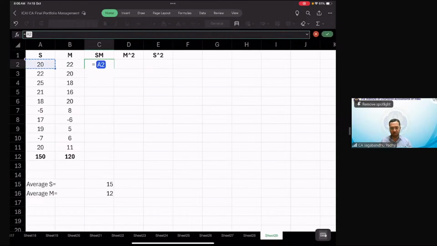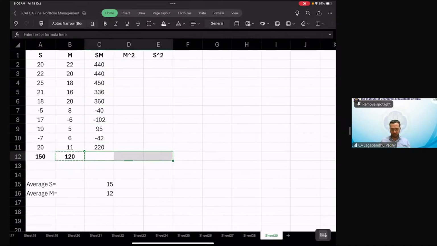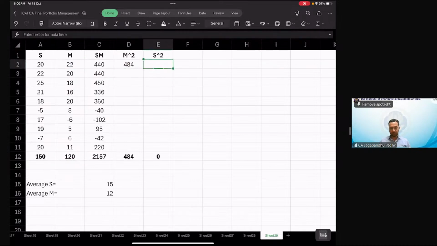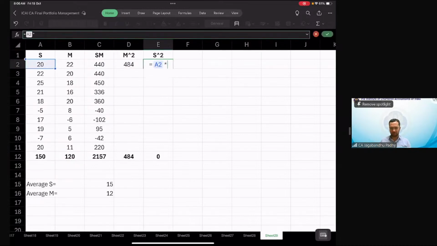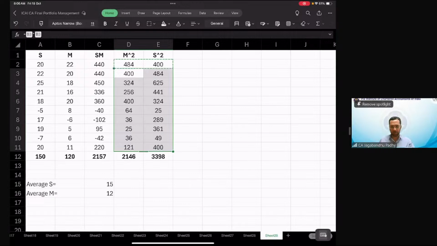So S into M. I'll just give you the values of total of these terms, and I will require your help to calculate the value of beta. Okay, so security square and market square, these are very much procedural part, and I think we'll be able to do that. Okay, so these numbers are there.